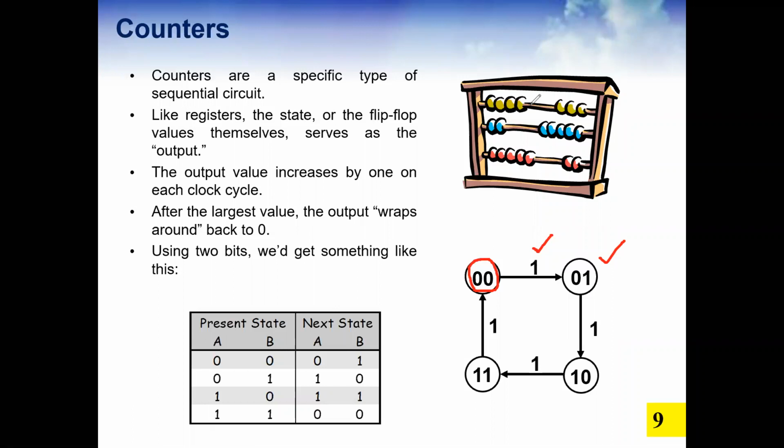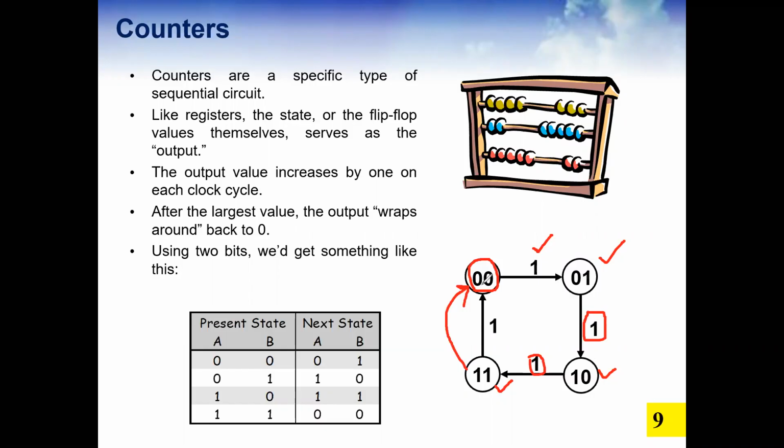From 01, we add one, and the next state will be 10. From this state, we add 1, and the next state will be 11. And from that one, it reaches its initial state. So this is the 2-bit counting: start with 00, 01, 10, 11, 00.